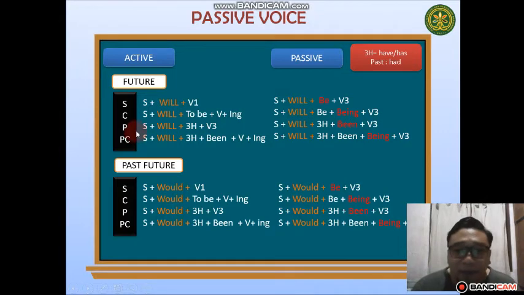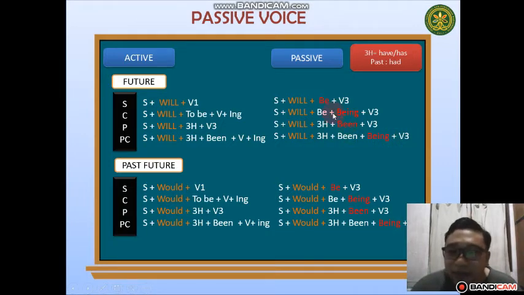And the perfect one is subject plus will plus 3h plus verb 3. For the passive one, subject plus will plus 3h plus been plus verb 3. Perfect continuous is subject plus will plus 3h plus been plus verb-ing. The passive is subject plus will plus 3h plus been plus being plus verb 3.